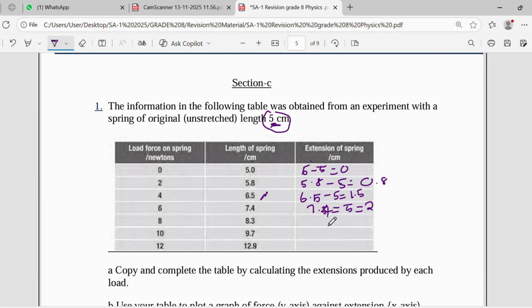Actually 7.4 it is, so 7.4 minus 5 equals 2.4. Next we have 8.3 minus 5, we'll get 3.3. 9.7 minus 5, we'll get 4.7.